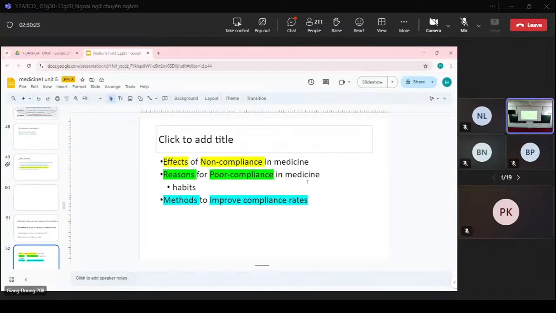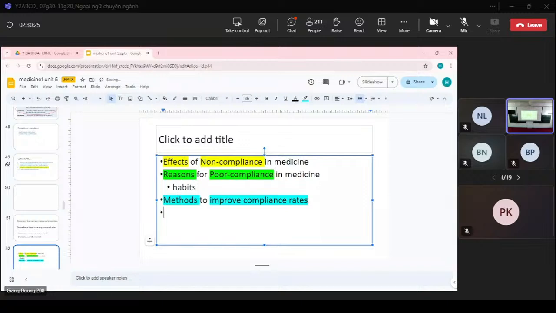The method is, we should seek help from their next of kin.